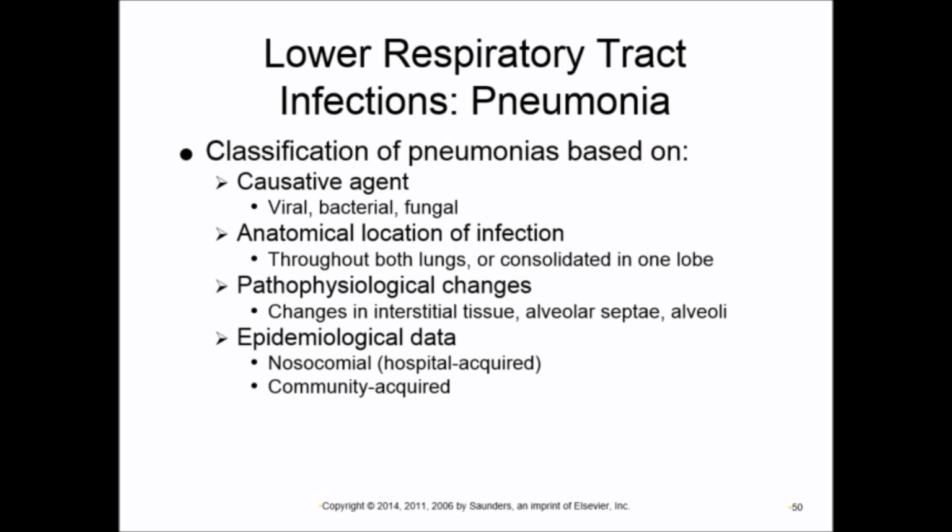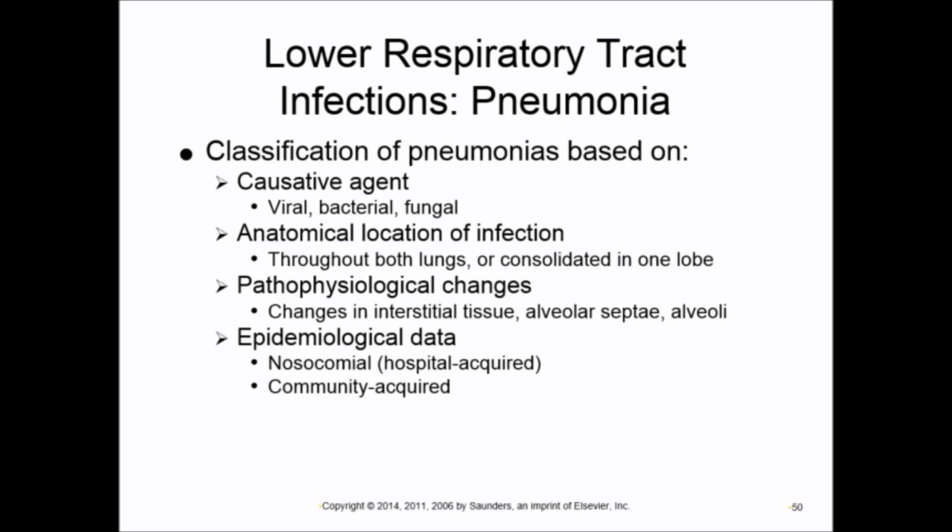You call it lobar pneumonia. If it is scattered around the bronchi, you call it bronchogenic pneumonia. We will come to this differentiation. Okay, and the other thing is, which tissue is affected? Is it interstitial tissue? Is it the alveolar septa? Is it the alveoli? And where is it coming from? What does nosocomial mean?